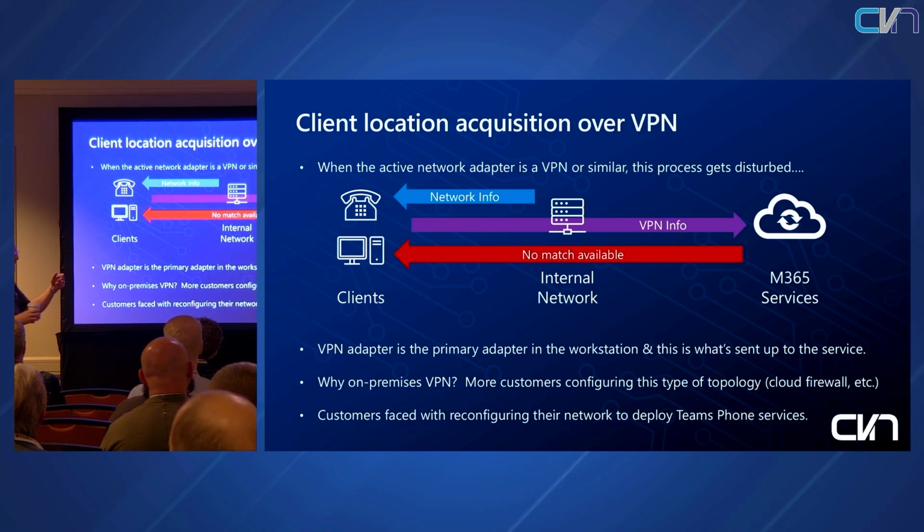I've also seen cloud firewall scenarios, and they fundamentally operate like a VPN. There's a client that's running on the workstation, and when the workstation is sending that location information up to us, we are just going to be getting the VPN information.